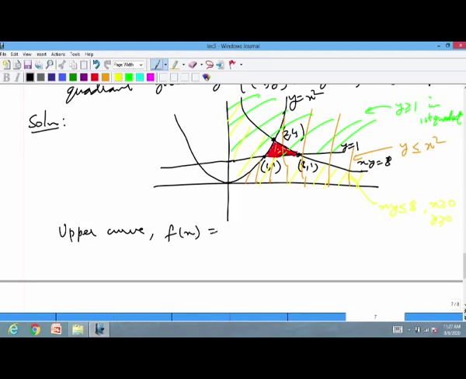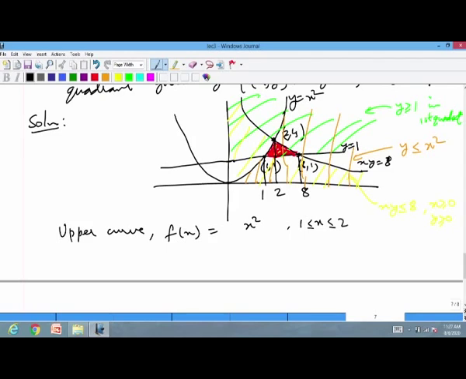This is equal to x square if 1 is less than equal to x and less than equal to 2. From 1 to 2, if you see, if this is x equal to 1, this is 2 and this is x equal to 8.